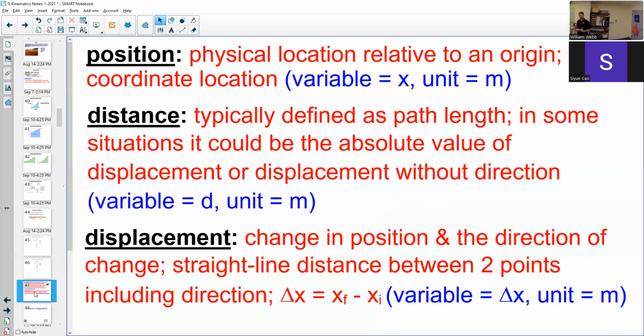What I would encourage you to do is, I'm just going to be quiet for a minute or two and give you a chance to sort of read these definitions and process it a bit. Write down in your own words what you don't know. So if you know what these definitions are already, you might not need to write down very much. If it's new to you, you might need to write down quite a bit.